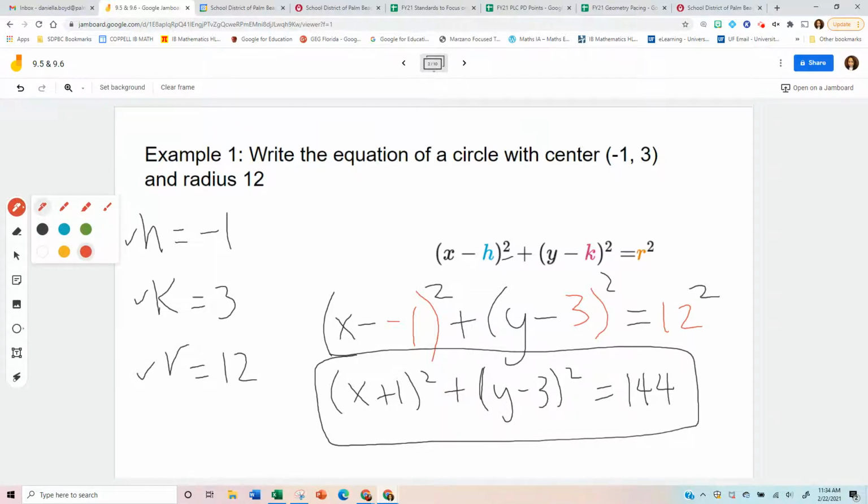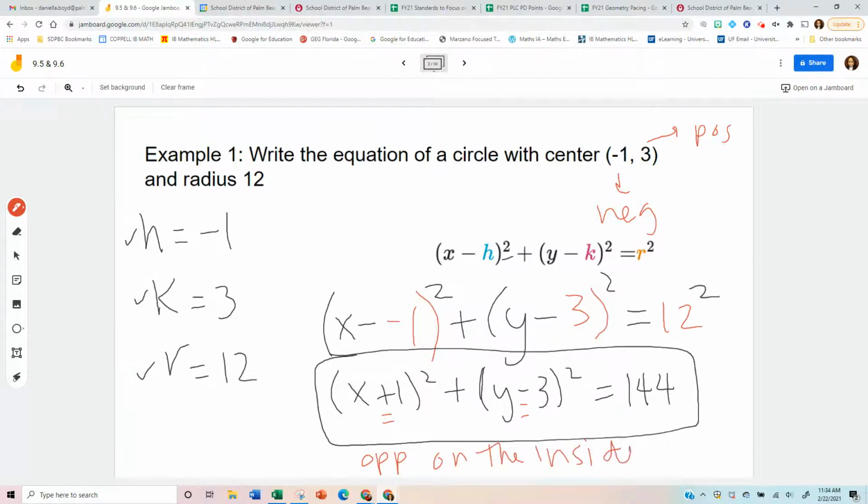If one of my coordinates is negative in my center, it's going to come out positive in my equation. If one of my coordinates is positive, it's going to stay negative in the equation. So I tend to think of this as opposite signs on the inside of your parentheses. Okay, so that's how you're going to check this.